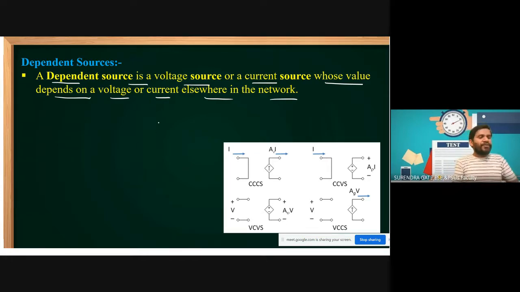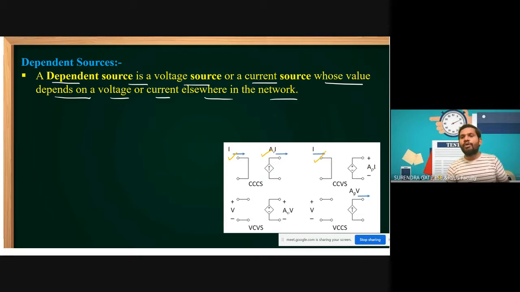How are these dependent sources represented? This is one way to represent dependent sources, which I have already given in the figure. This is a current controlled current source.